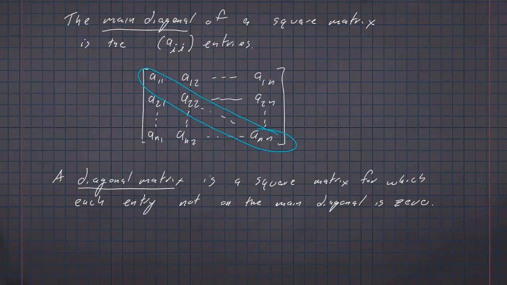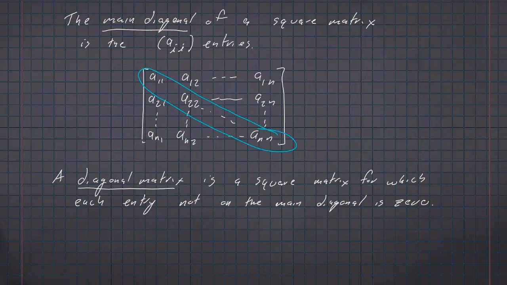More to the point and more interestingly, as we'll see in the very near future, diagonal matrices where some of the entries are 0 are going to have a lot of very interesting properties that are going to turn out to be useful to us. Diagonal matrices where none of the entries are 0 are also going to have some interesting properties.